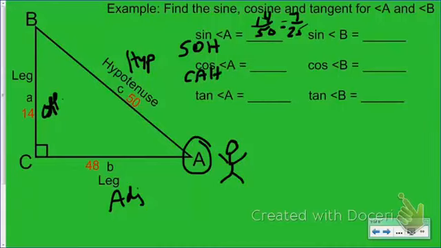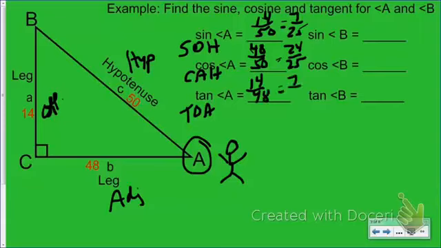So from this corner, adjacent over hypotenuse is going to be 48 over 50. Or if I reduce that, it would be 24 over 25. And then tan A, so that's TOA. So from corner A, opposite over adjacent would be 14 over 48. And I could reduce that to 7 over 24.